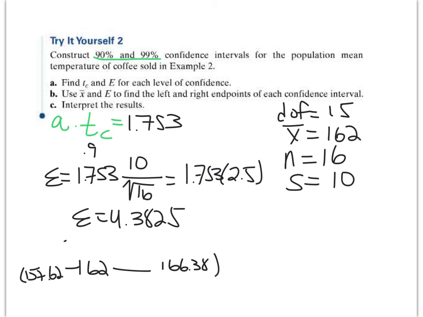So I can say with 90% confidence the mean temperature of the coffee sold is going to be between 157.62 degrees and 166.38 degrees. I want you to do it for 99%. Use your table of values and calculate what that would be, and we can talk about it in class when I see you next.